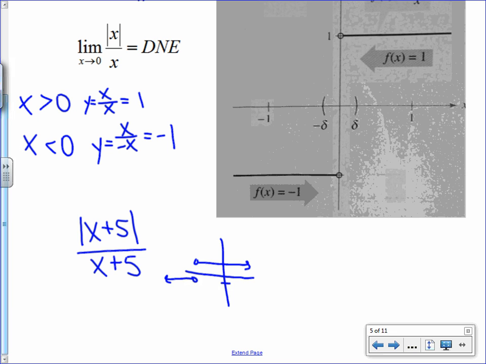We could have the absolute value of x plus 5 over x, but it would not look like this. Because you notice how every time, when we split it up, we have common factors and they reduce to just a value.